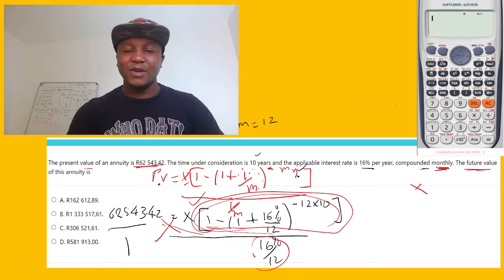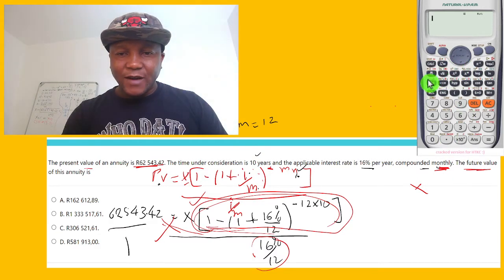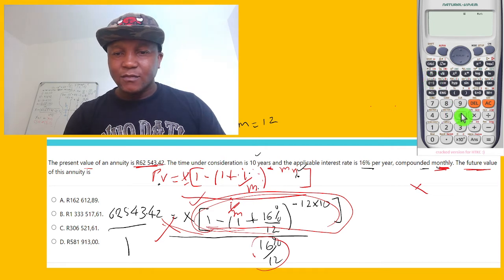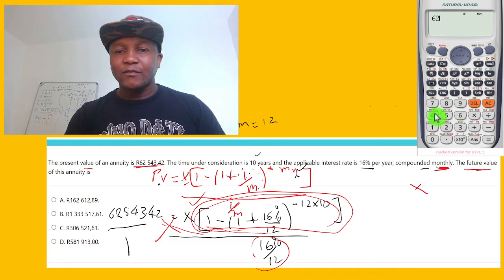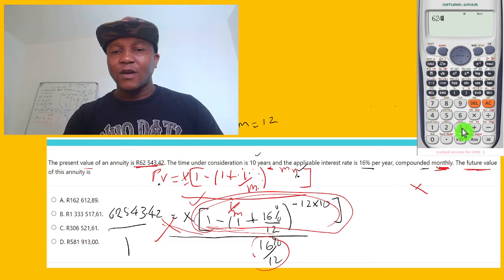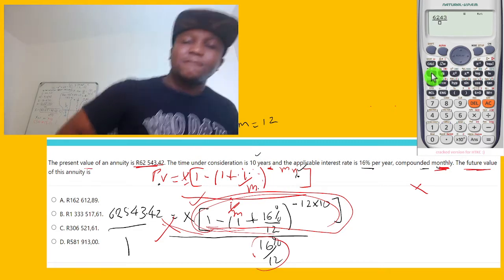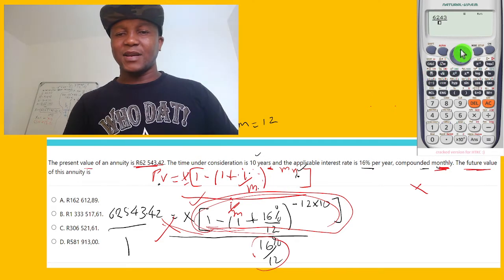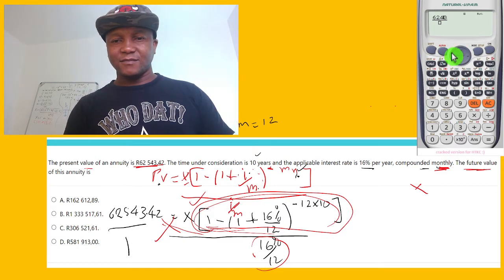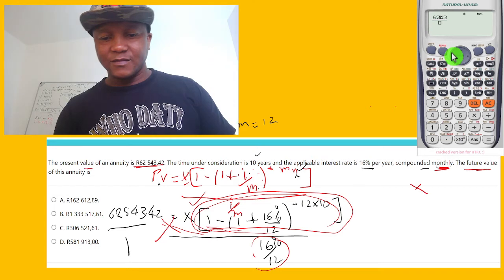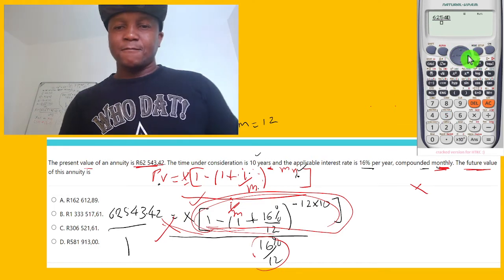Let's go for the first step. Here we go, plug it in. Come here, fraction. So we start with 62,543.